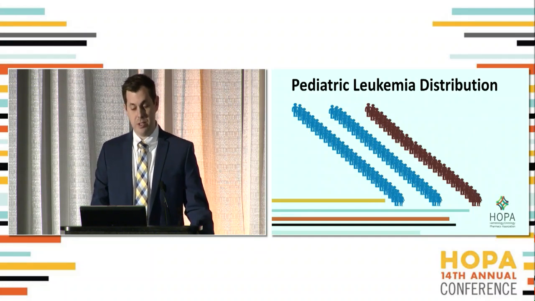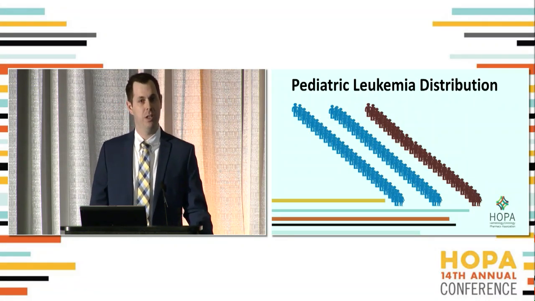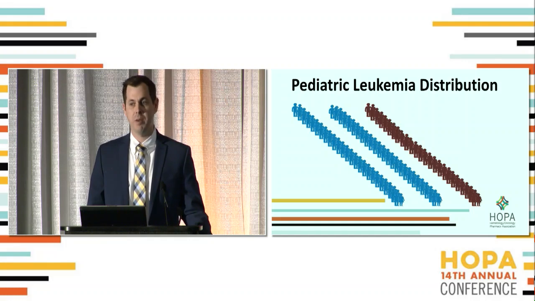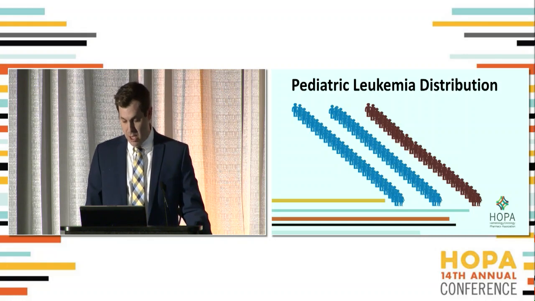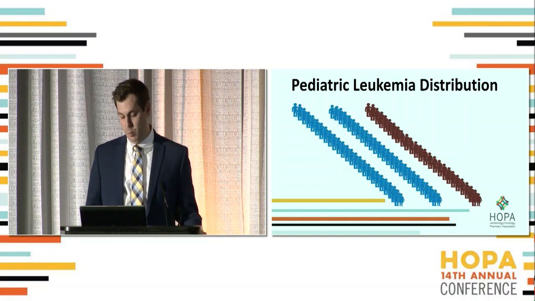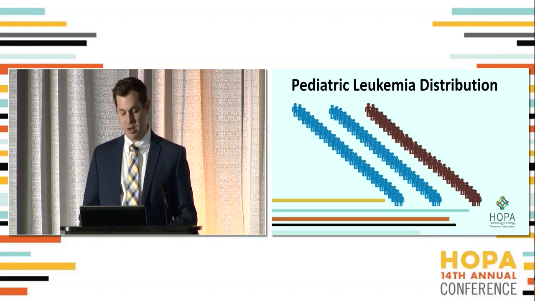You compare that to pediatric leukemia distribution, and you get a huge uptick to 30% of total malignancies that are acute leukemias on the pediatric side. And of that 30%, 85% will be acute lymphoblastic leukemia, or ALL, where asparaginase is a known standard backbone of those patients' therapies.